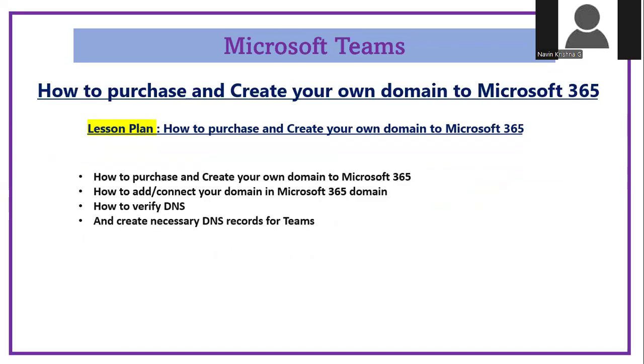We are going to purchase and create our domain in GoDaddy. Then how to add and connect your domain in Microsoft 365, how to verify the DNS, and how to create the necessary DNS records for Teams in Microsoft 365 and also in our GoDaddy website. All right, so we'll get into the video.